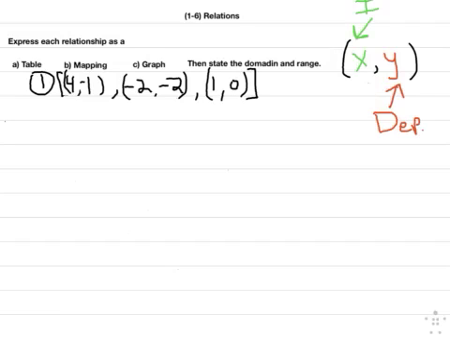So we choose an x, we get a y. I don't get to choose y. Y just happens because x was put into this machine or relationship or function, right? Put an x in, we get a y out. You choose an independent, and you get a dependent.